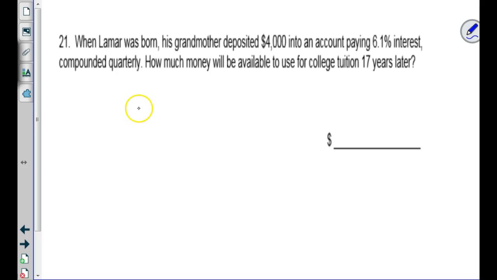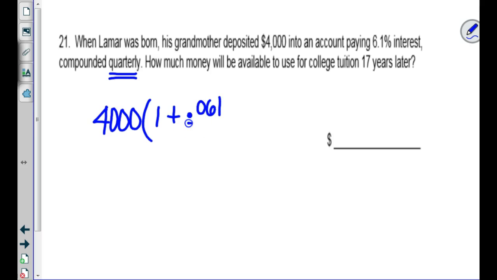We could trick the app into working, but it's just a quarterly compound interest question. So the present value, or the starting value, was $4,000 times 1 plus 0.061 divided by 4, to the power of 4 times 17.